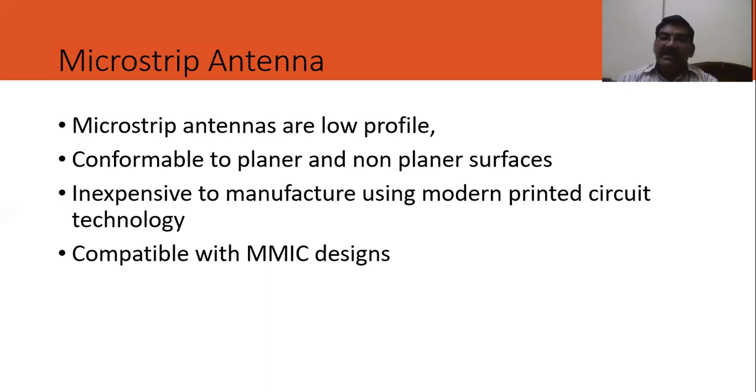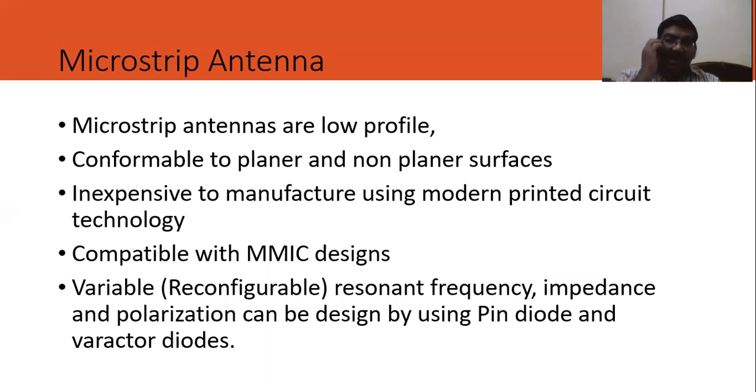This is a separate subject of discussion, the microwave integrated circuit and the monolithic microwave integrated circuit. One is HMIC, that is hybrid microwave integrated circuit, and another is the monolithic integrated circuit. So it is more compact. This microstrip antenna has a compatibility with that. So this is also an important thing.